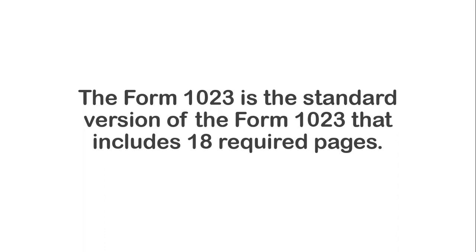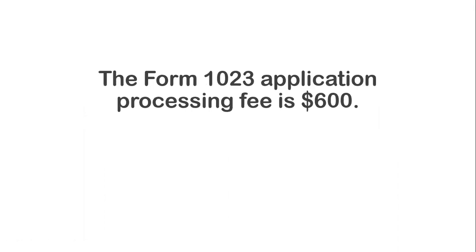However, there are 40 total pages, 18 required pages and 40 total pages. And we'll talk about the difference between the two numbers in a moment. The Form 1023 application processing fee is $600 versus the $275 for the Form 1023 EZ.